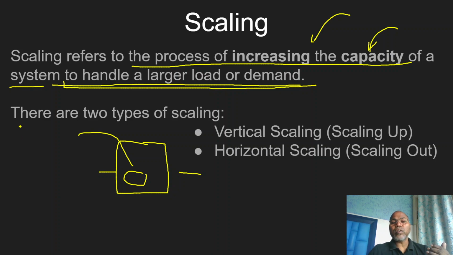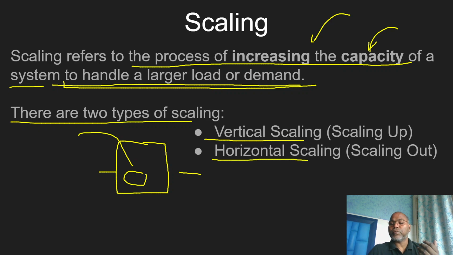Generally, there are two kinds of scaling: one is vertical scaling, another is horizontal scaling. Sometimes we say scaling up and sometimes scaling down.